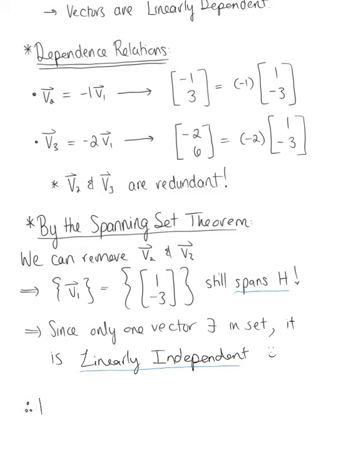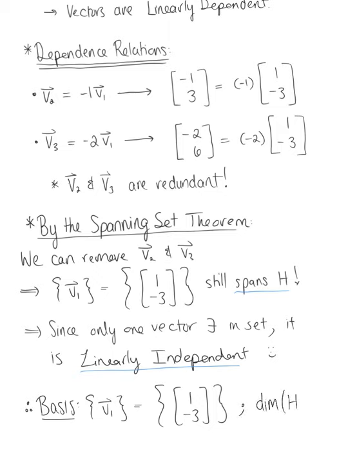Therefore, the basis for our subspace H is the set containing the single vector we just found, v sub 1. And since one vector exists in this set, the dimension of our subspace H is 1. And so this is our beautiful final answer.